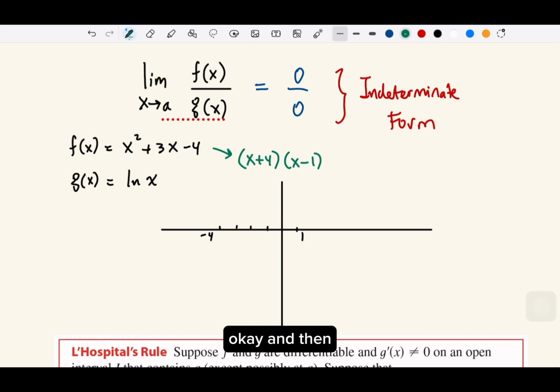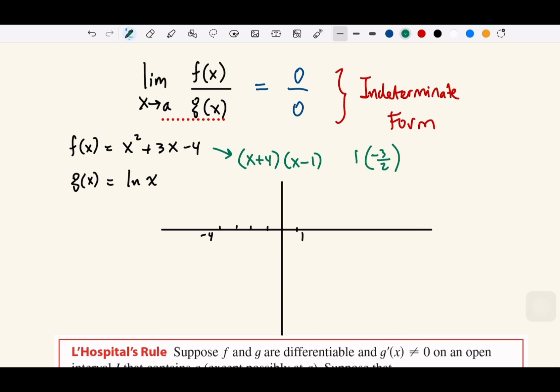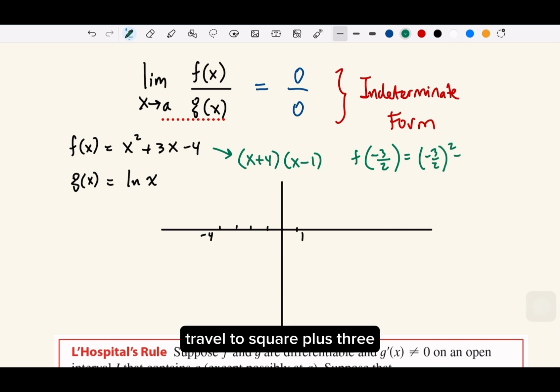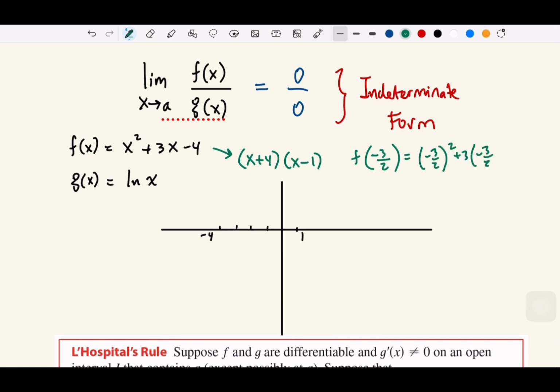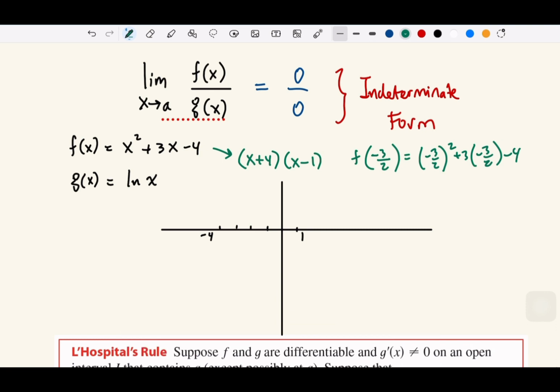And then what is the minimum value? It's at -3 over 2, right? So this will be 3 over 2 squared plus 3. Just very quickly, to estimate the minimum value.